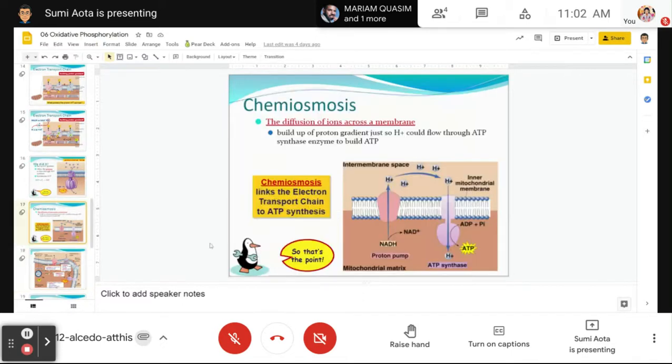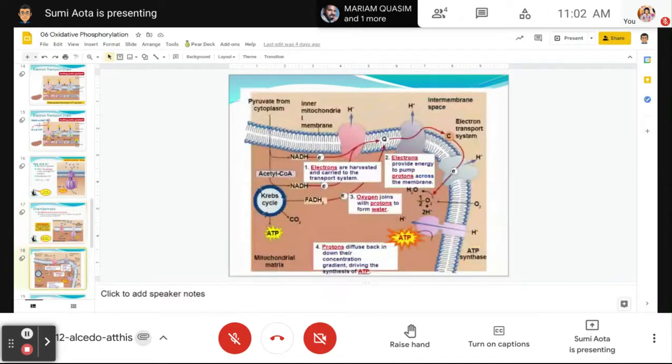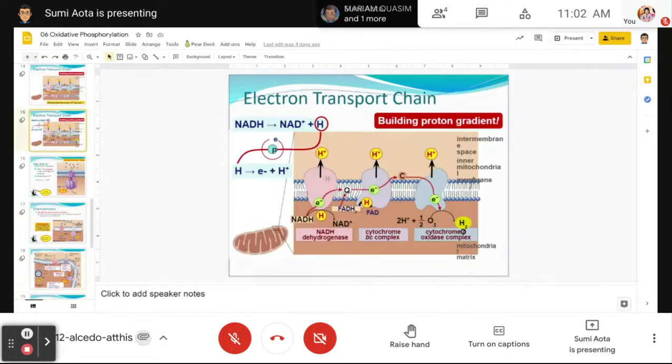Okay? So what we're going to do is use these electron carriers, these three electron carriers we talked about the other day. And we're going to have NADH and FADH2 dump their electrons onto these protein complexes.